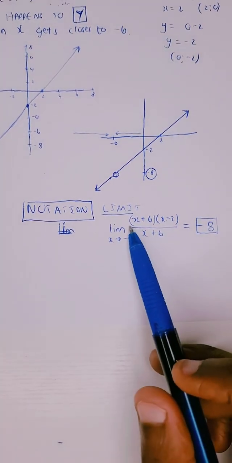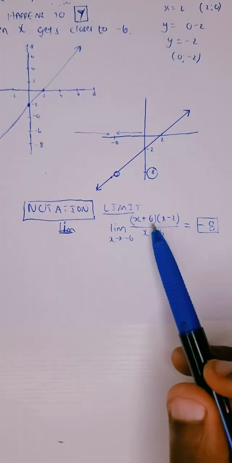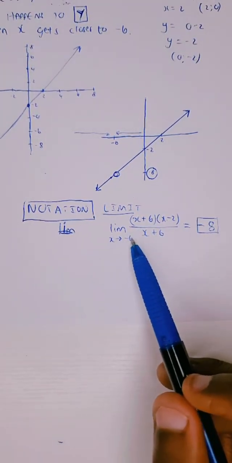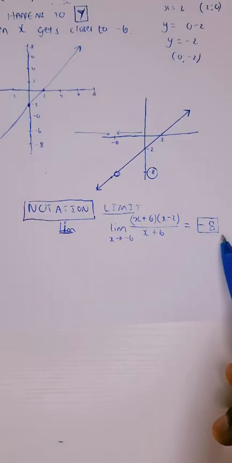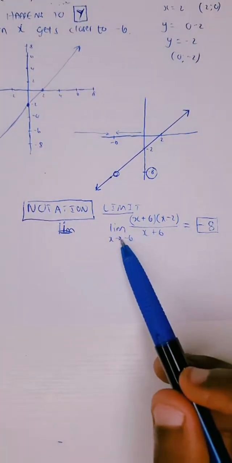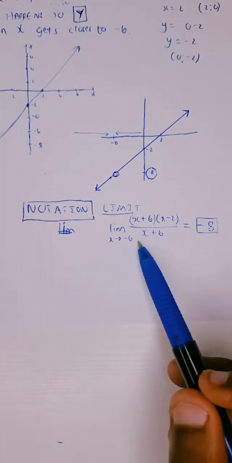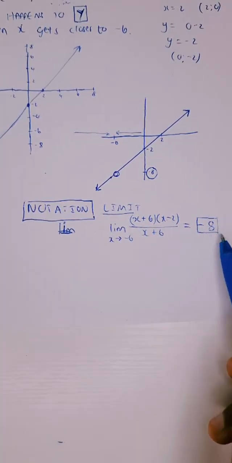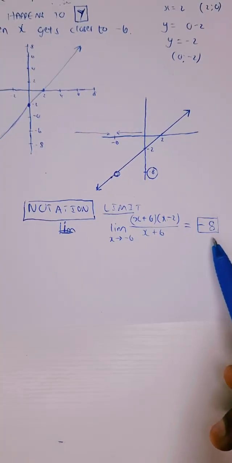Okay, so I repeat again, the limit of x plus 6 into x minus 2 over x plus 6 as x tends towards negative 6 is equal to negative 8. Right? So this is not to say that x is equal to negative 6. Rather, this means as x approaches negative 6, the y values simultaneously approach negative 8. Not that it reaches negative 8, but it approaches negative 8.